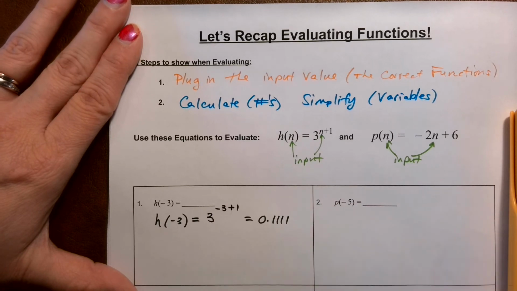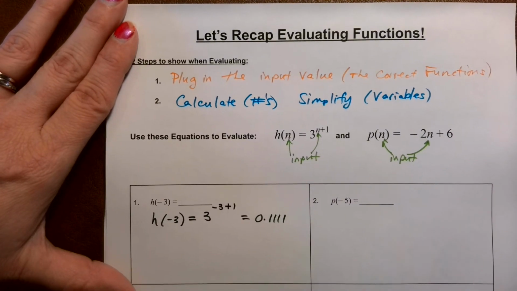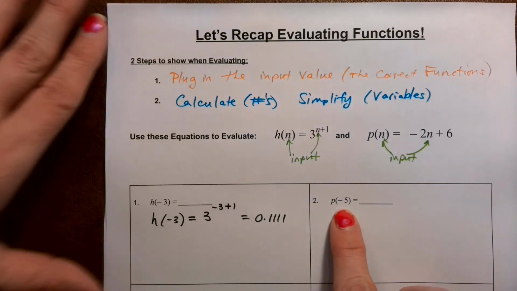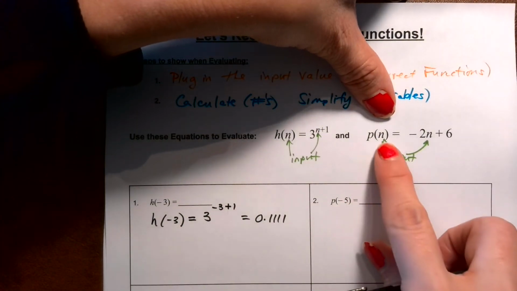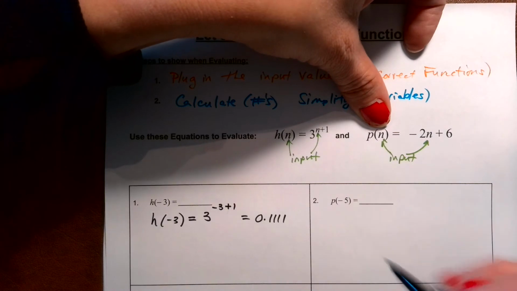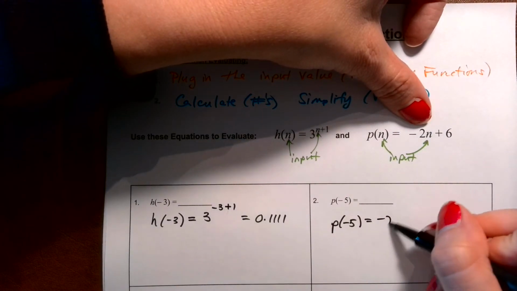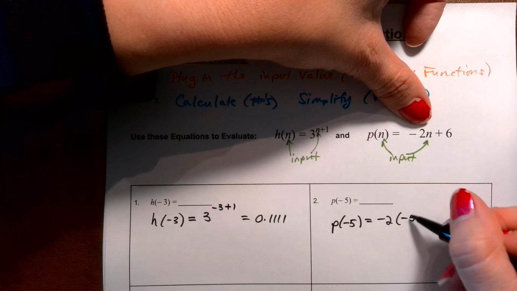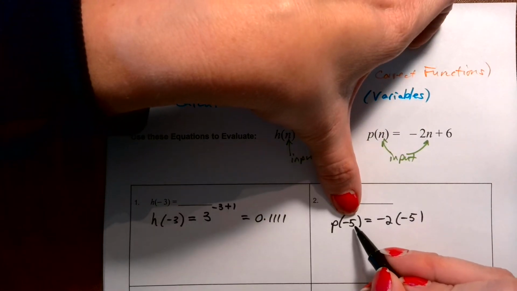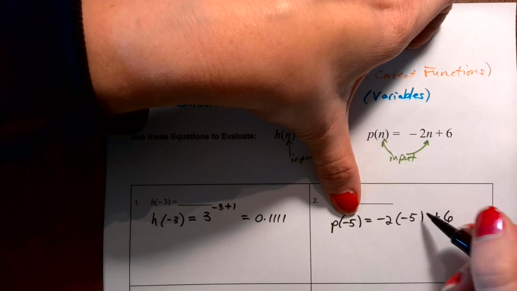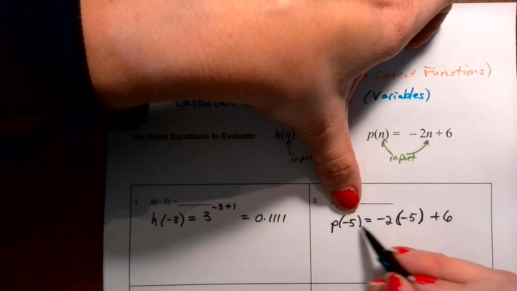Let's take a look at number 2. P of negative 5. Now they want us to plug negative 5 into the p function. So p of negative 5 says negative 2 times the input, which is negative 5, plus 6. Notice how I'm using parentheses for my input.